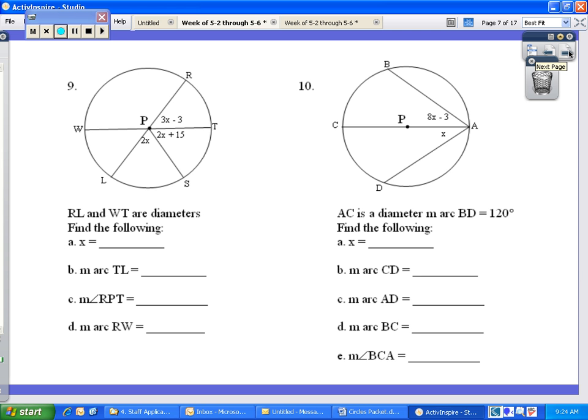Okay, number 9, RL and WT are diameters. Find the following. So again, you're looking for x, which means what do all of these add up to? You know that since RL is a diameter, all of those add up to 180. So 3x minus 3 plus 2x plus 15 plus 2x equals 180.